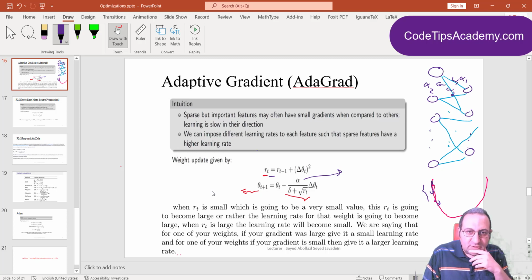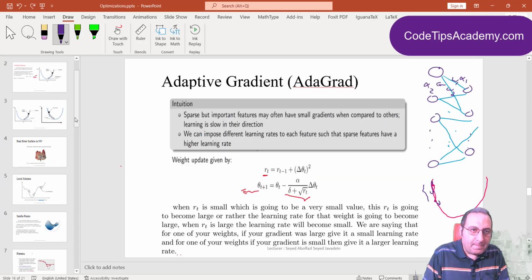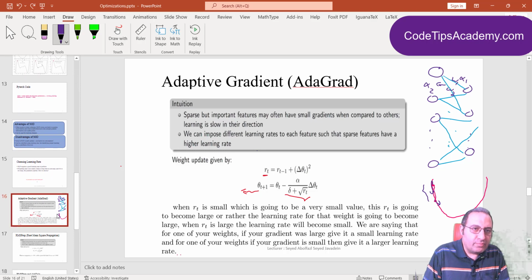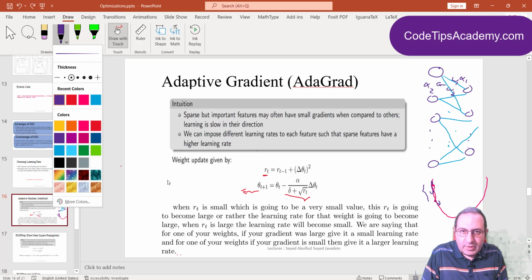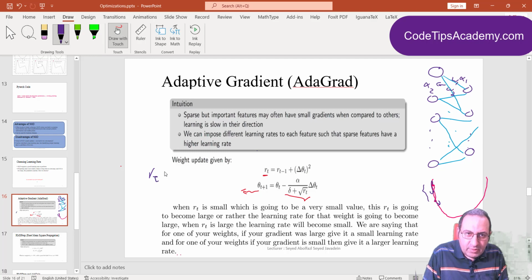Okay, what does this mean? This means that if we have a big RT, if RT is very large, this division will be very small, because a large RT makes this division small.